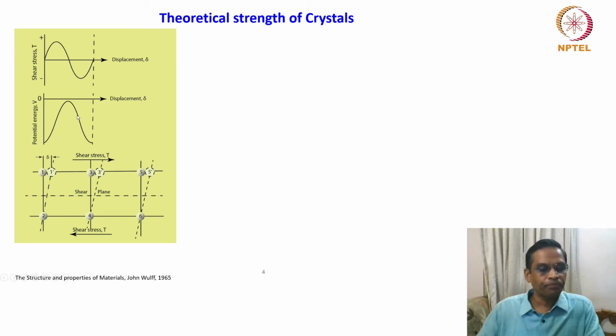So that is exactly what was shown here: the variation of shear stress tau and potential energy V with displacement.